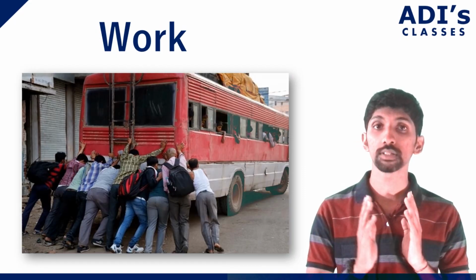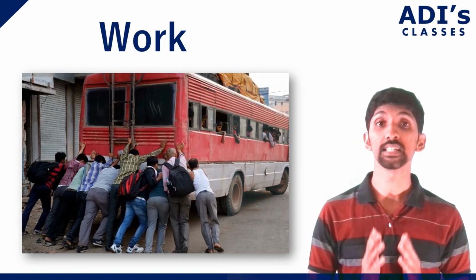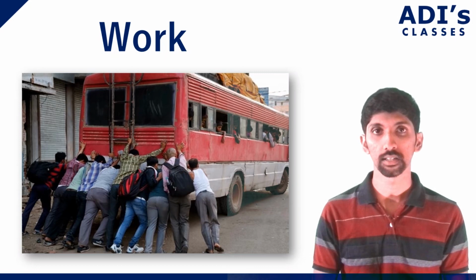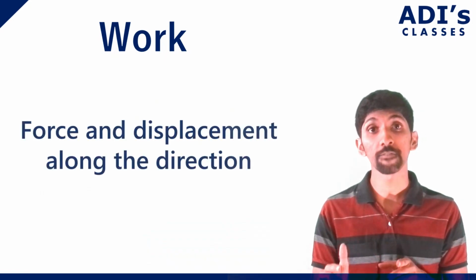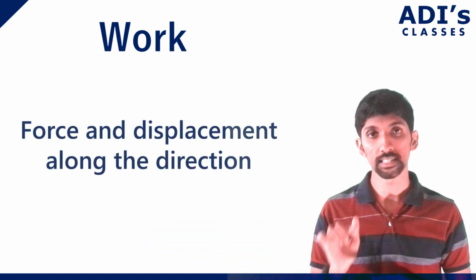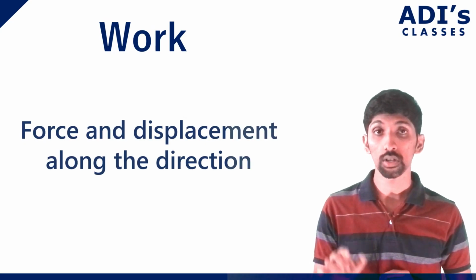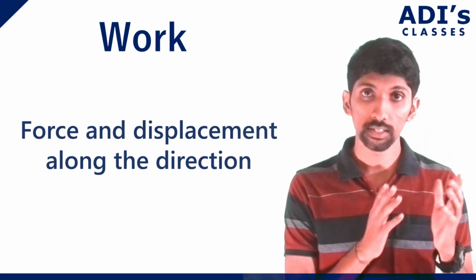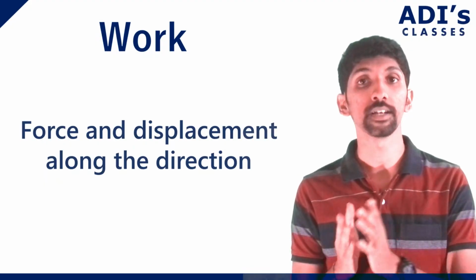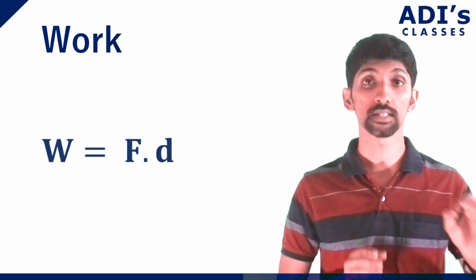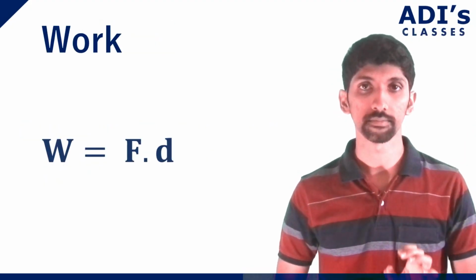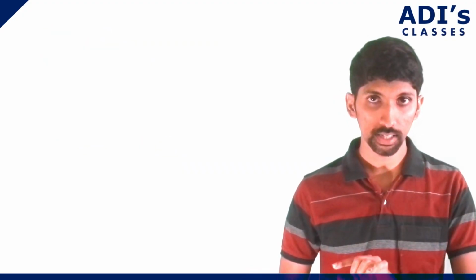Meaning all the forces are in the same direction and the displacement is also in the same direction, correct? Now, what is the angle between F and d here? It is 0 degrees. So, cos 0 is what? 1. So, you get W is equal to just F into d. Okay. So, this is the maximum work done. Meaning, if the angle is 0 degrees, the work done will be maximum.